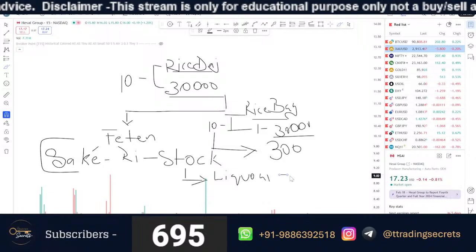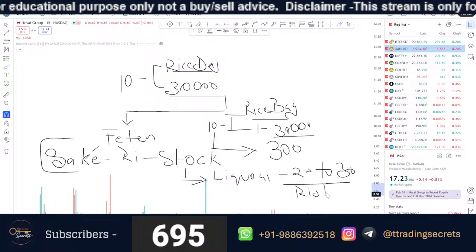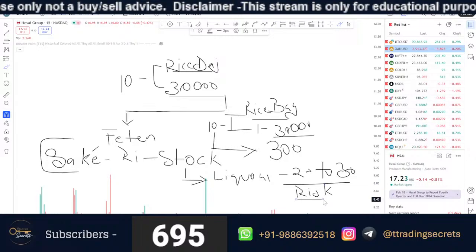That 30% was the risk. 20 to 30% was the risk as per the previous liquor brewery of their sake, right? They used to calculate their risk, right?